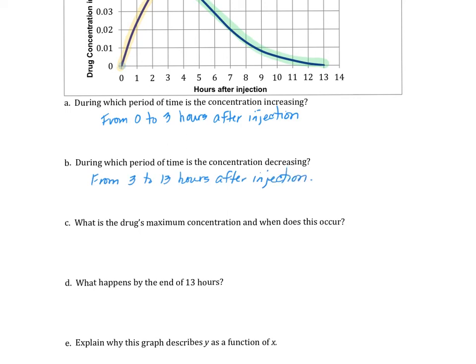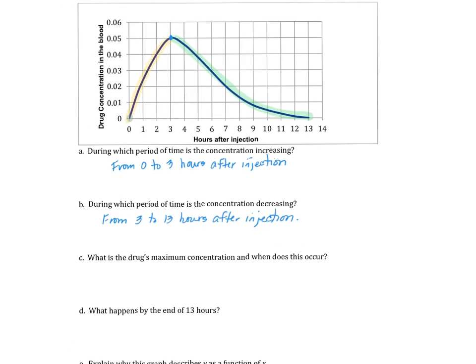That'll work. Okay, so part C says, what is the drug's maximum concentration and when does this occur? If I was to go back to the graph, it looks like it reaches maximum, so that's the highest point on your graph, maximum concentration at 3 hours.